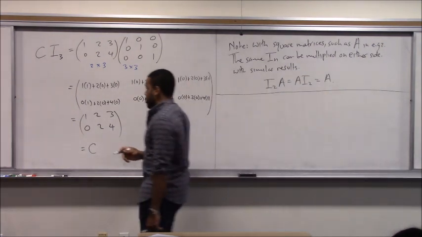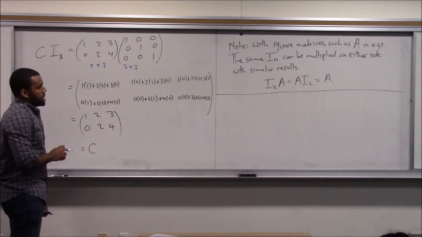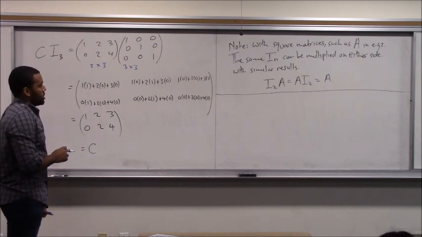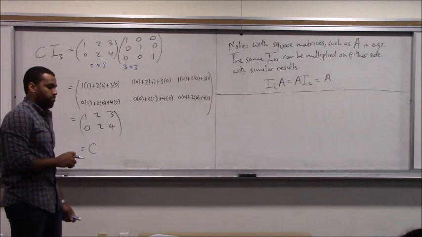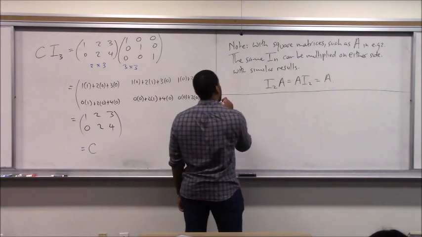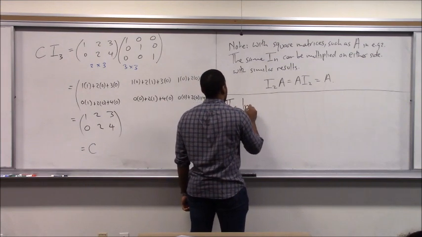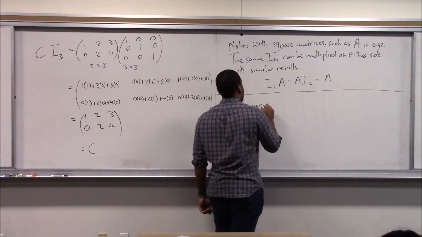Now, there's another important class of matrices that we want to talk about, and these are called the inverse matrices, the inverse of a matrix. So, yes, that's the next thing I want to talk about. So, let's talk about the inverse of a matrix.